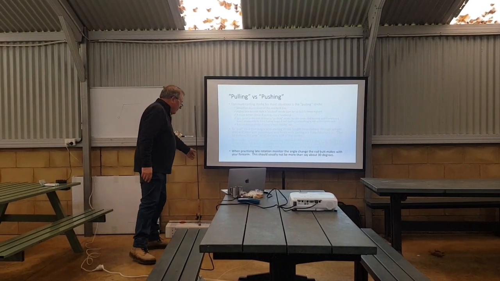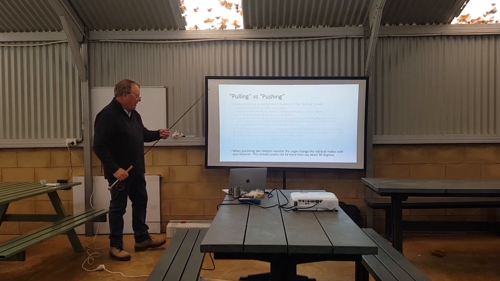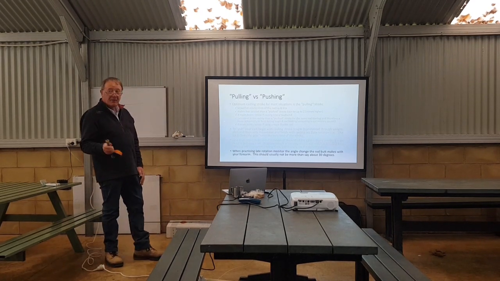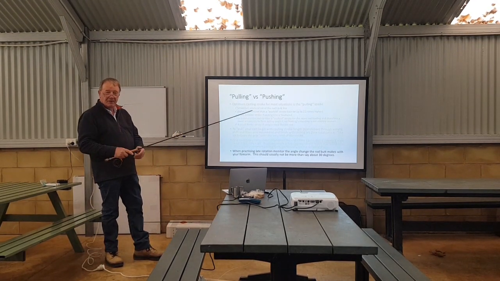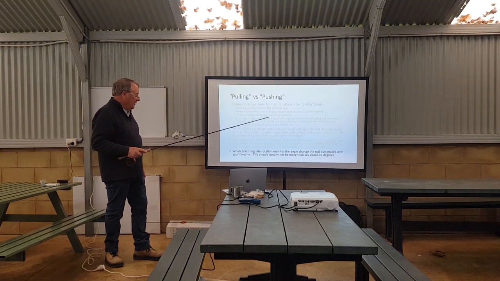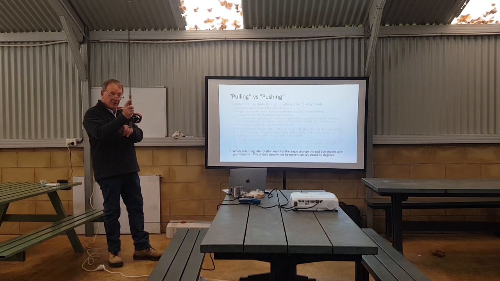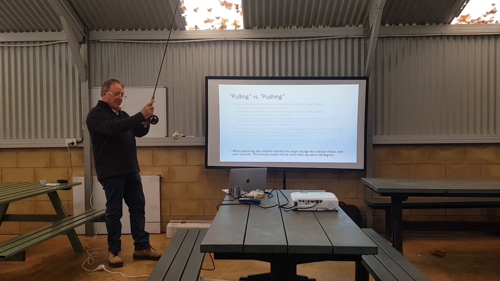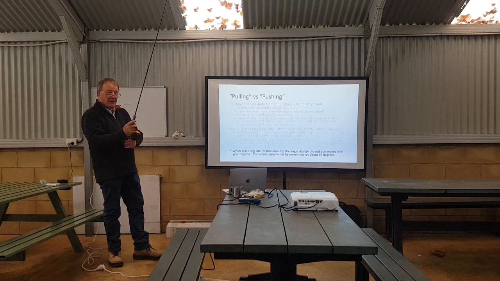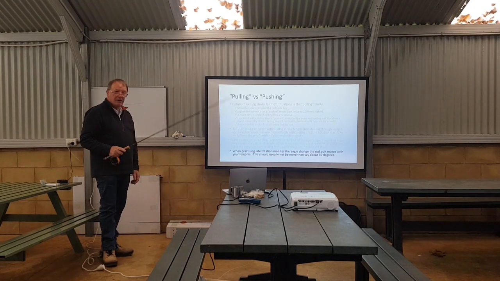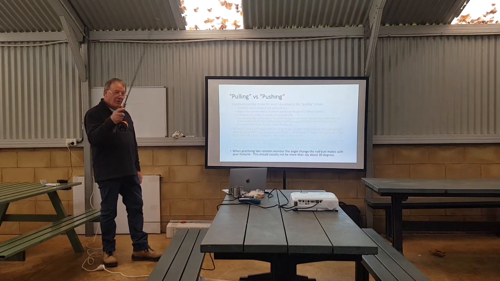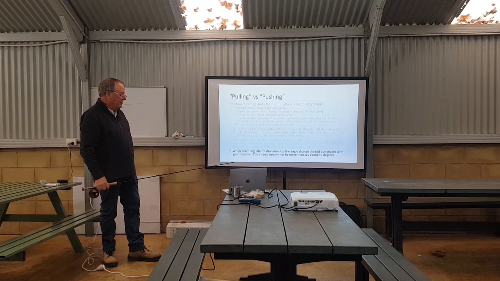And the other thing I reckon people should be doing, when we're practicing late rotation, particularly on the backstroke, which does require a bit of practice, is monitor this angle change that's going on here between the rod butt and our forearm. And I'll stick my neck out here. I reckon for most casts you don't need more than about 30 degrees of rotation there, even for a really long cast. And I know there are going to be some people who will disagree with that.